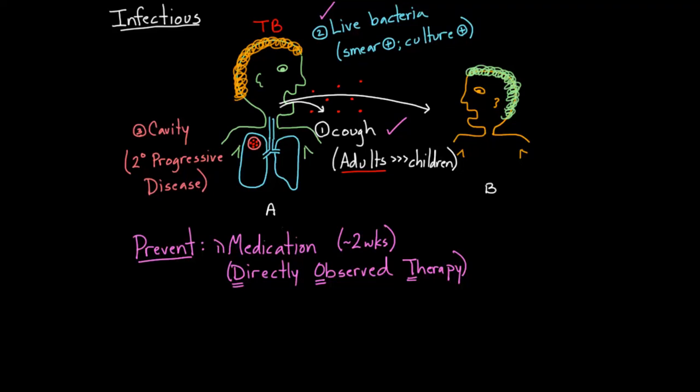What else would be important? Well, you could imagine isolation, right? Making sure the person is actually isolated. So isolation is key. And specifically, you want to make sure that they're not around any young people. So definitely don't want them around anyone under the age of 4 years, because of course children are really, really susceptible to getting very sick with TB. So you want to make sure they're away from young children, and you want to keep them isolated at night.